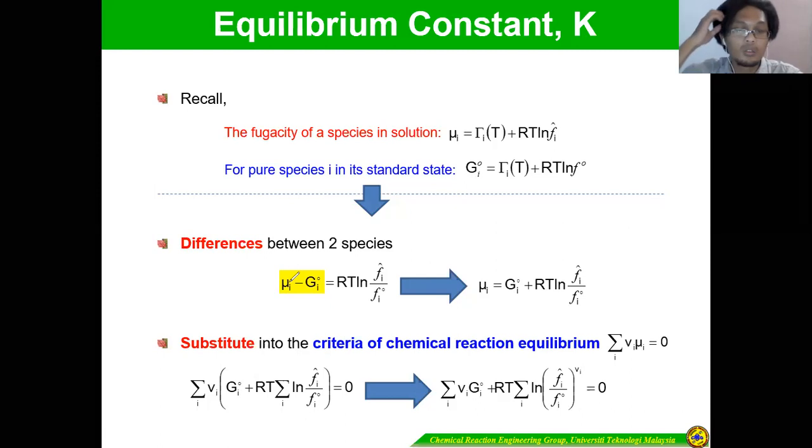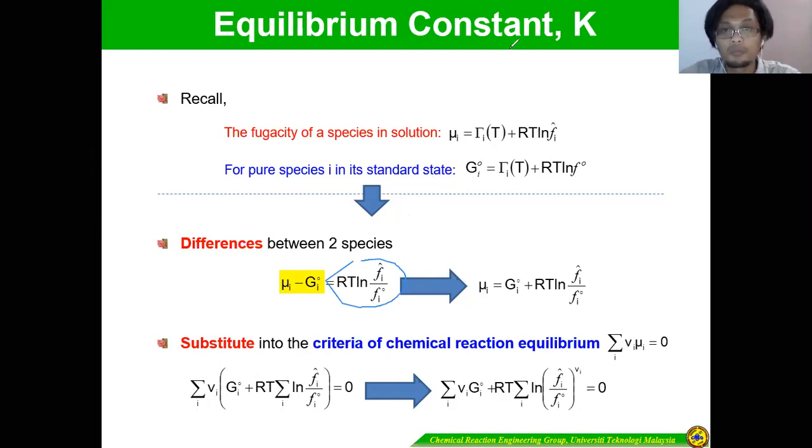Okay, so if we do this, mu minus G i naught, we can get the relationship RT ln f hat divided by f naught. That means the fugacity of the species in solution divided by the pure species.